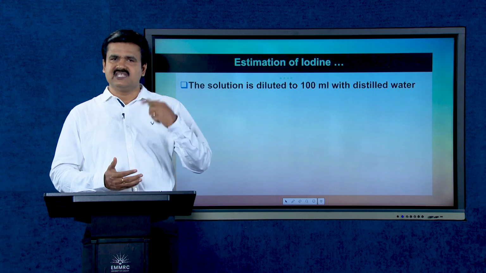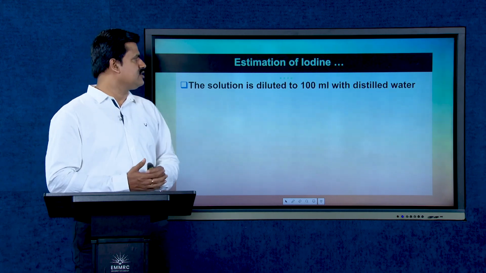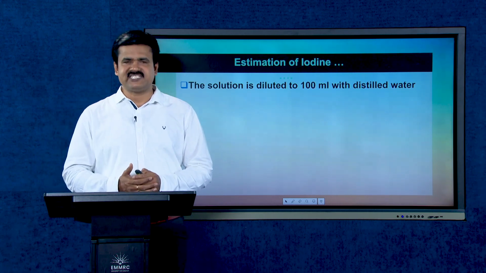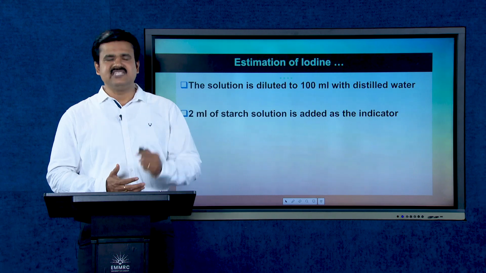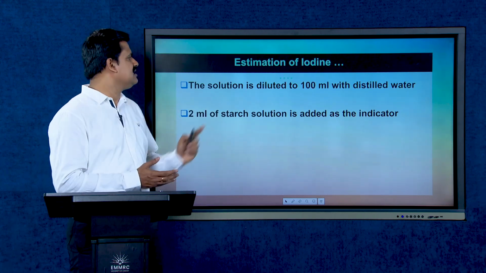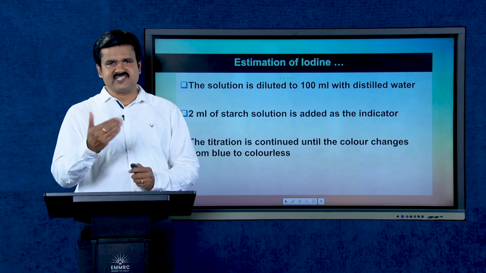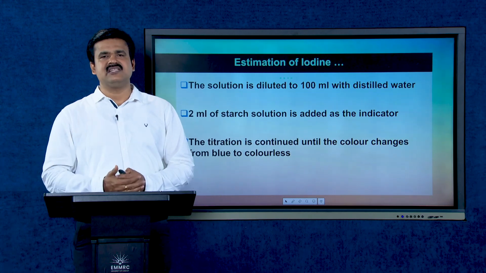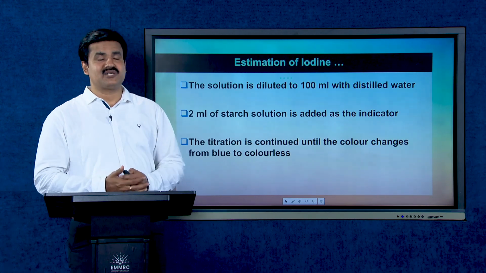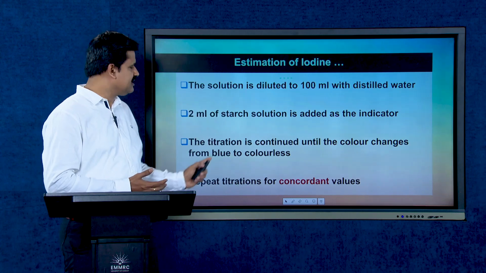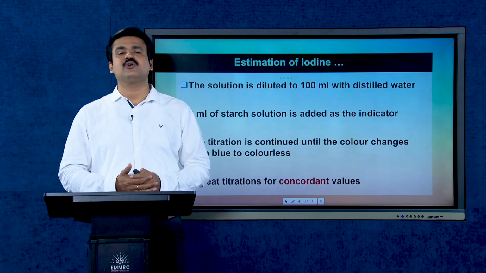Now, the solution is diluted to 100 ml with distilled water. At this point, 2 ml of starch solution is added as the indicator. The titration is continued until the color changes from blue to colorless.